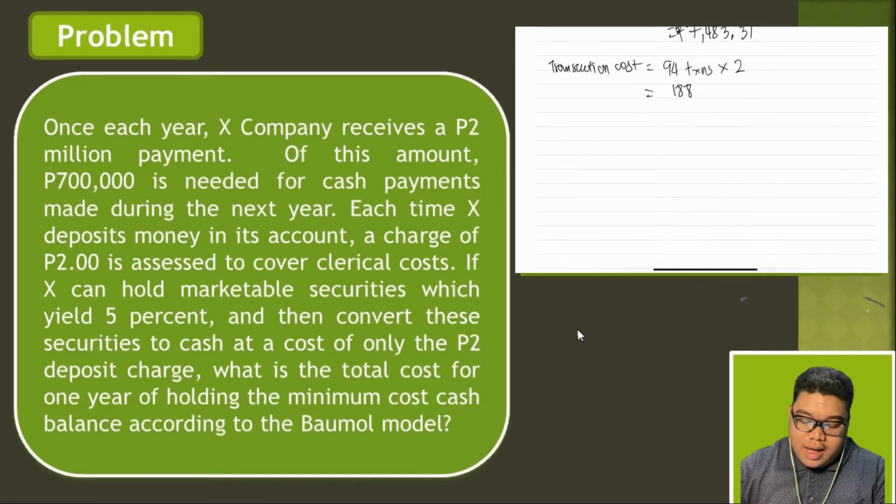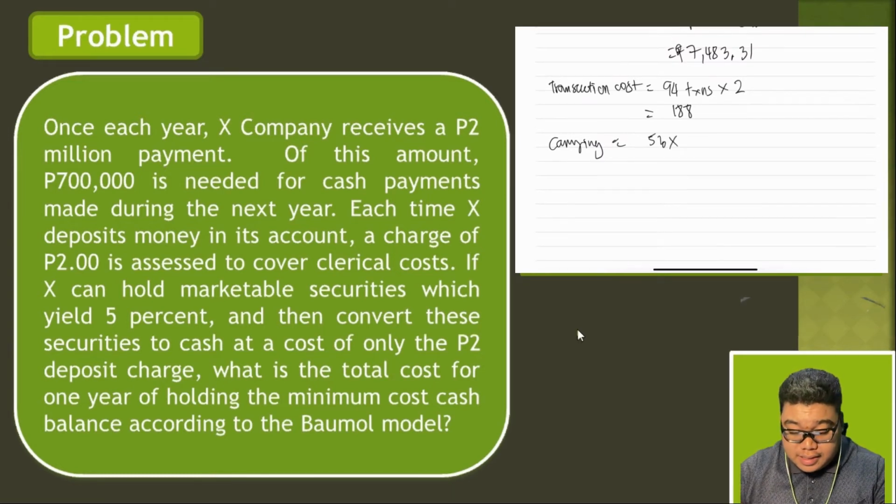Then we have our carrying cost, or the opportunity cost of carrying it instead of investing it in marketable securities. That would be 5% multiplied by the average cash balance, which is 7,483.31 divided by 2.